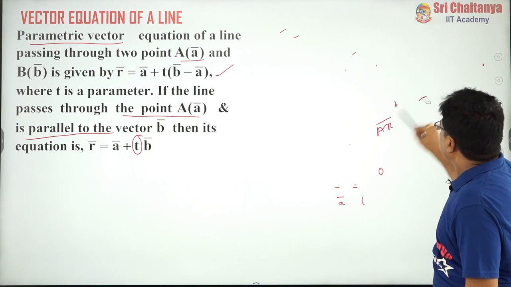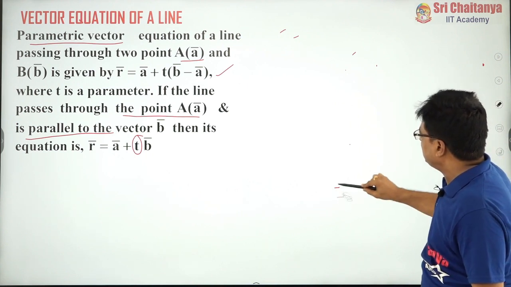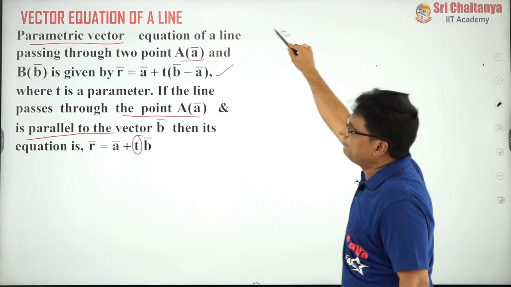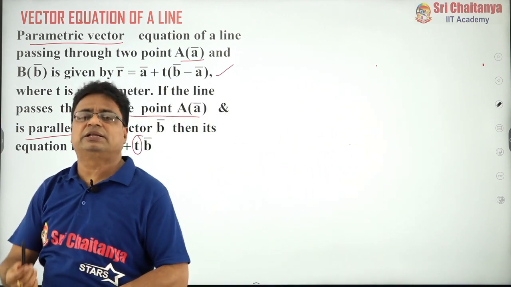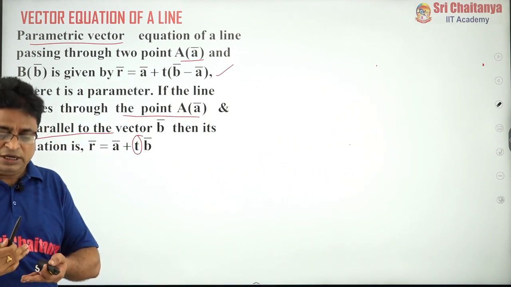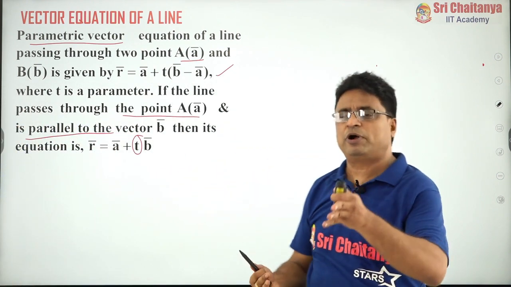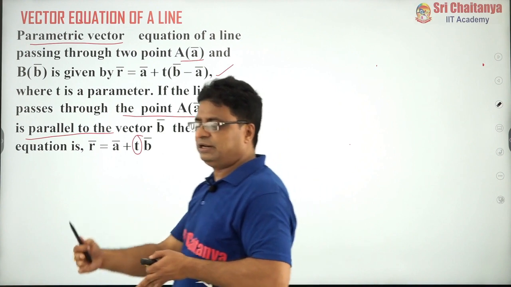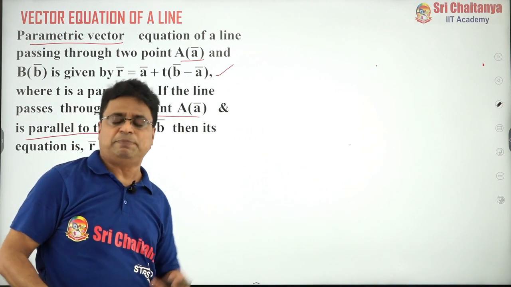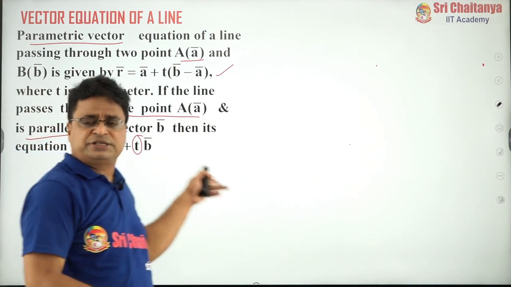And again, if you convert everything into Cartesian form, then that is the vector equation of the line passing through 2 points and the equation of the line passing through a point and parallel to a vector, which you will learn in the 3-dimensional geometry, lines and planes session also. This is the modest beginning for that.